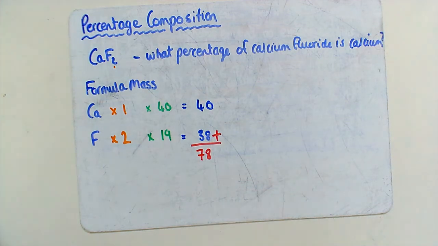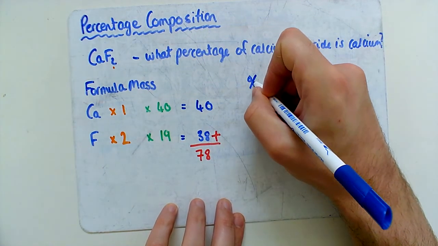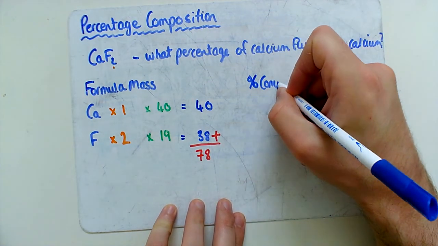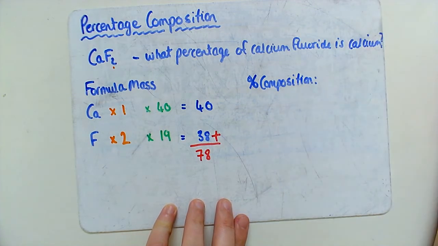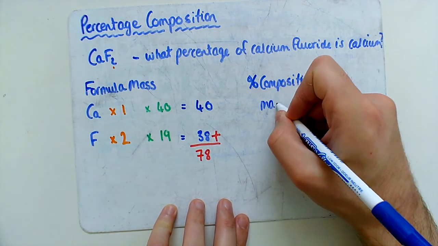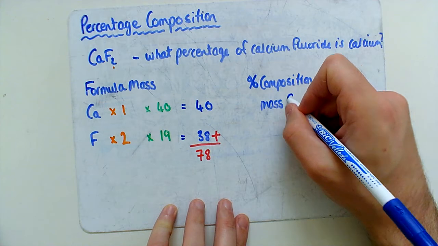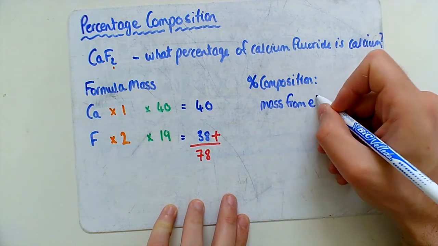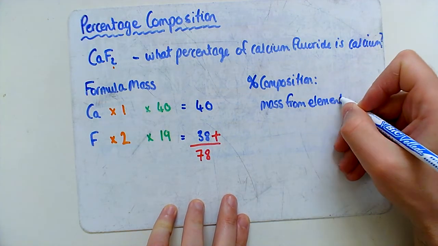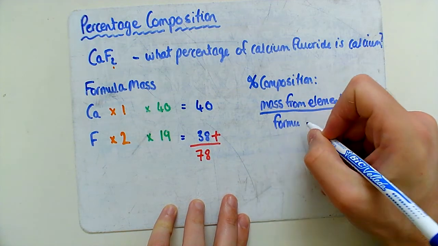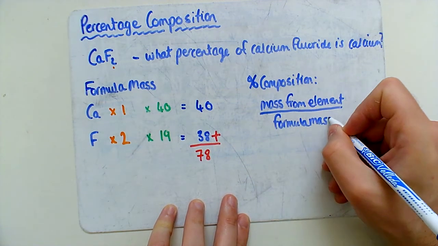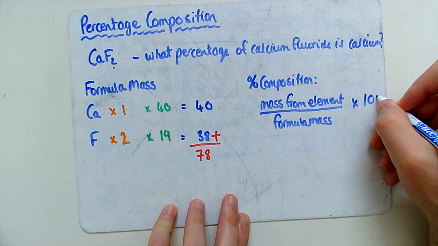Now what we want to do is work out percentage composition. And percentage composition is mass from your element divided by formula mass, multiplied by 100.